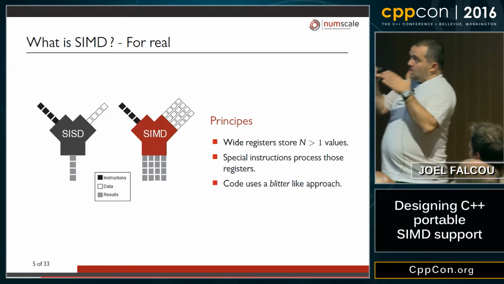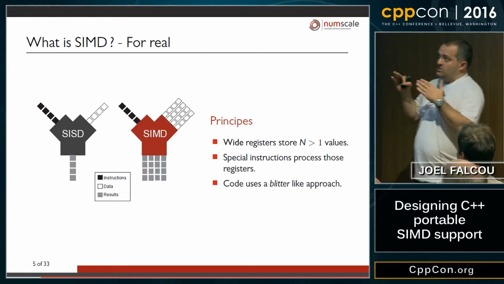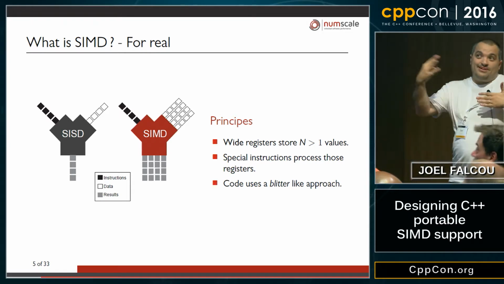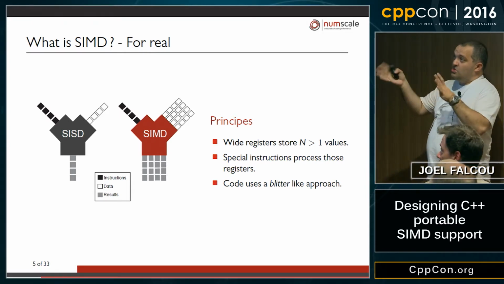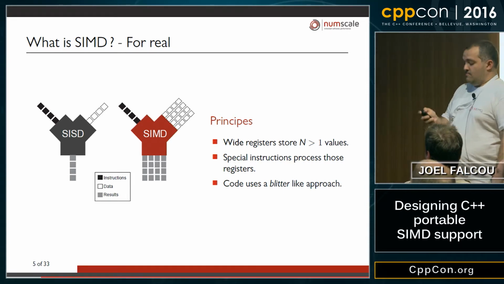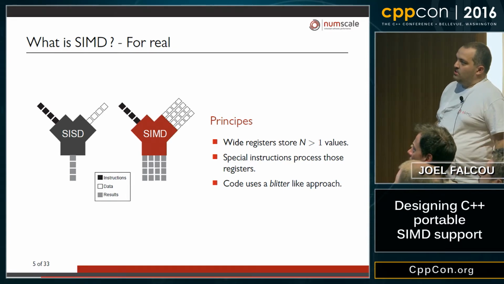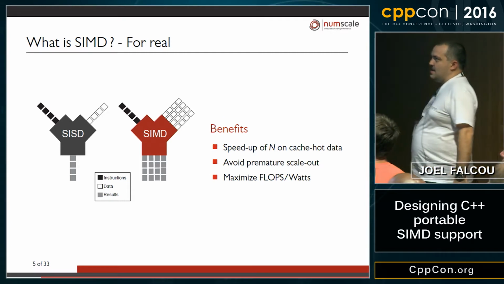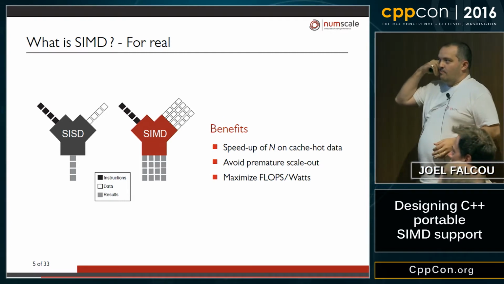So the idea is, as we process more than one piece of data per register, per cycle, we expect somehow to get a speedup, which should be roughly related to the width of the vector. So we want this speedup to be something that looks like n, if everything is perfect and correct.